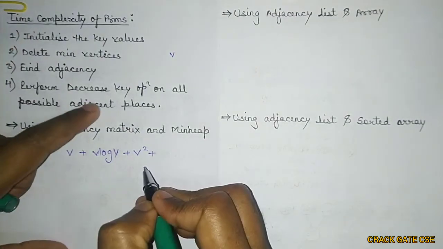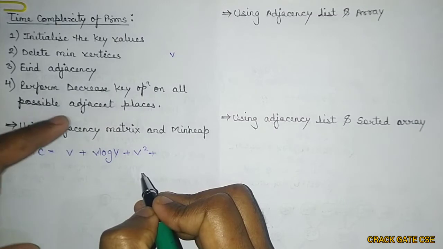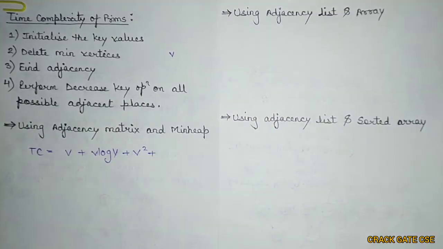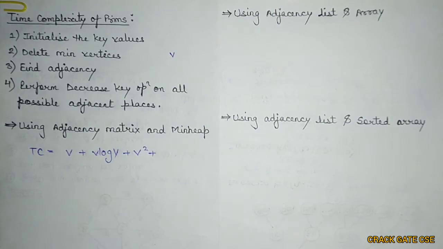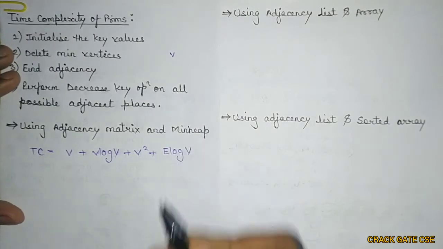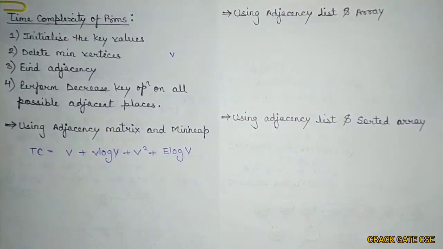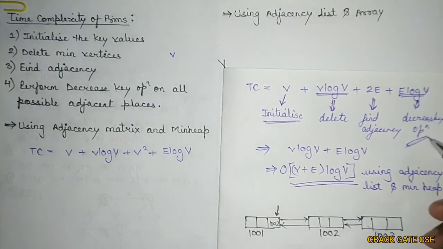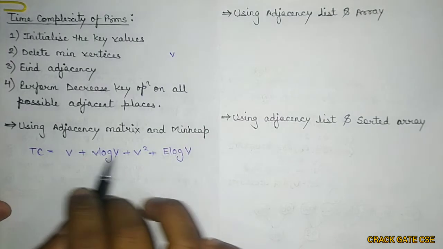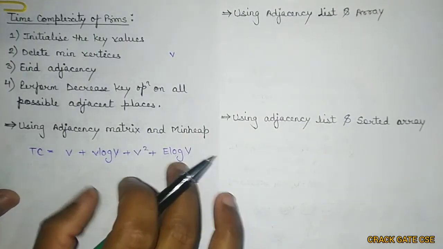Now the 4th step is to perform the decrease key operation on all possible adjacent places. I already told you in the previous video how we perform the decrease key operation. It was taking E log V, as I discussed in the previous video. So you got how to find out these particular steps. Now we have to minimize this.